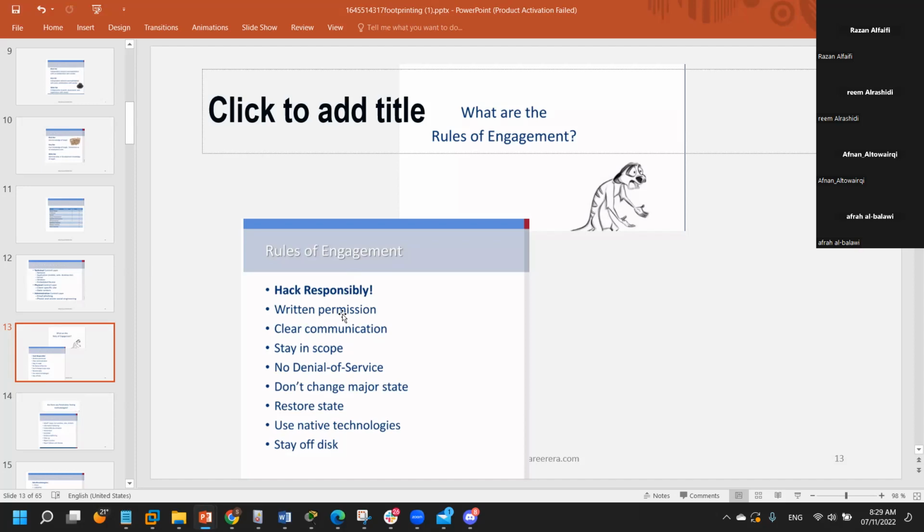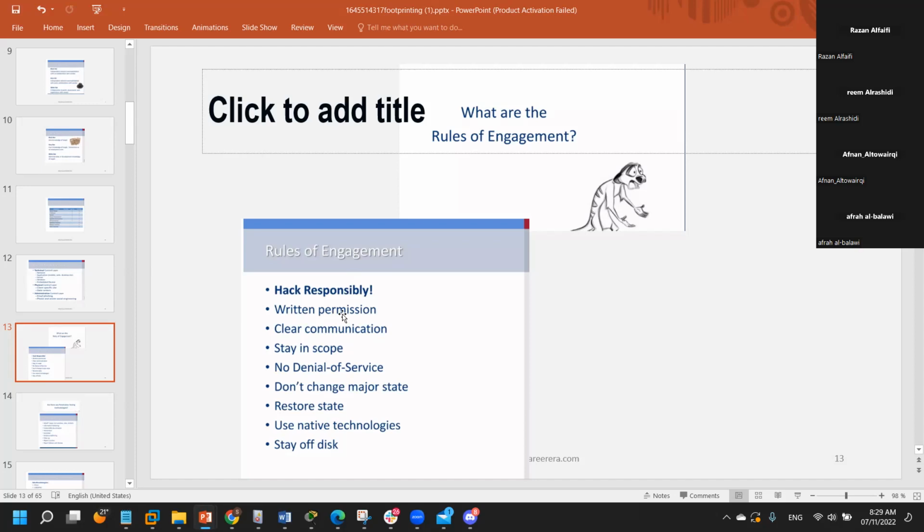Why? Because there are fines and laws that consider hacking a crime, and you don't want to break one of these laws. So in order to do ethical hacking in a proper way, you need to get a written approval.